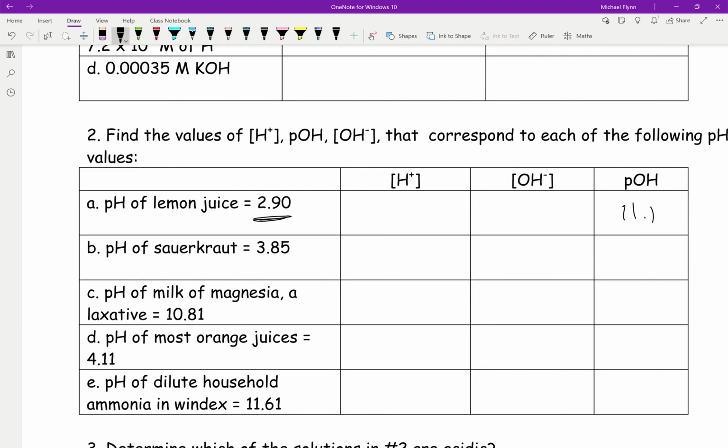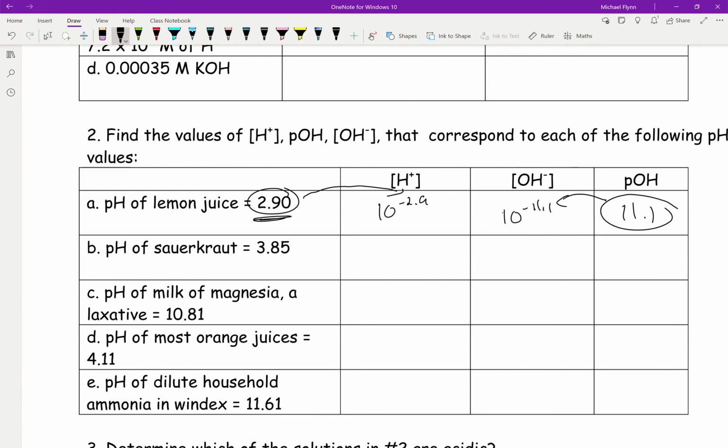Now to put the concentration of H plus, I just have to go 10 to the power of negative 2.9. So this number 2.9 is what goes into the exponent. And for the concentration of hydroxide, I go 10 to the negative 11.1, and it's this number here that goes into the hydroxide.